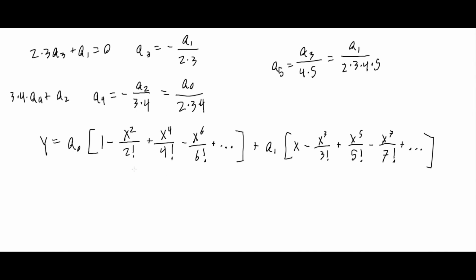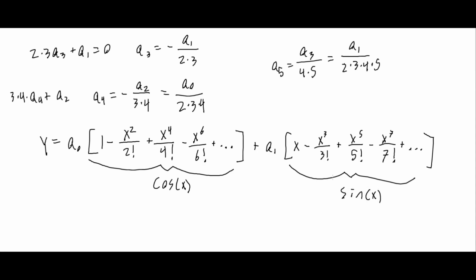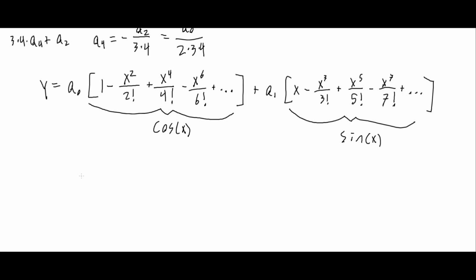And now, once again, if you've taken calculus, you may recognize these power series as this one is cosine of x, and this one is sine of x. And so our function y is going to be a naught cosine of x plus a 1 sine of x.